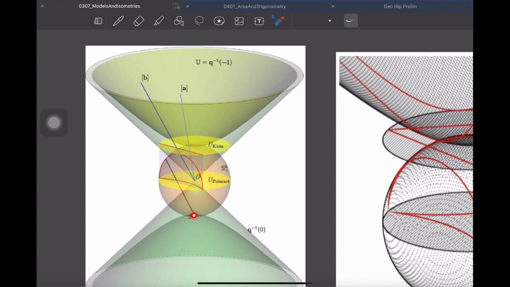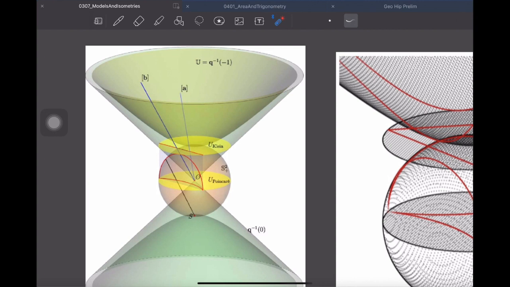Instead of projecting from the South Pole and placing a disk at height 0, at the origin, what I'm going to do is move one unit upwards, and then just project from the origin, and then take a disk at height 1. And this disk at height 1 is the Beltrami-Klein disk.